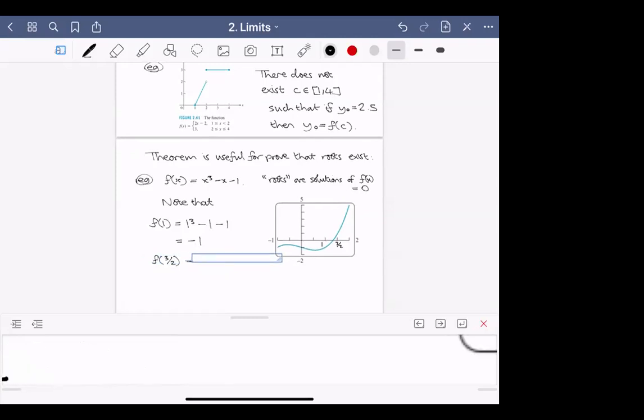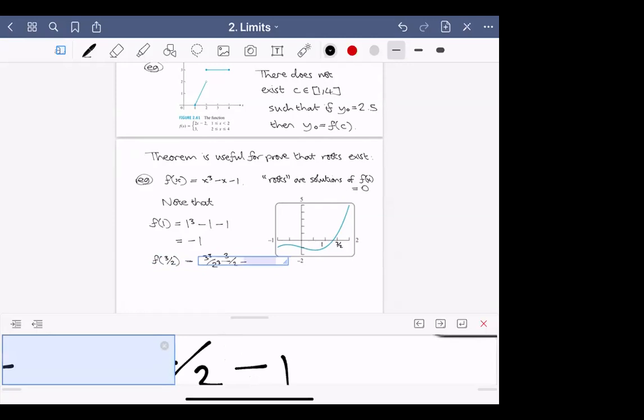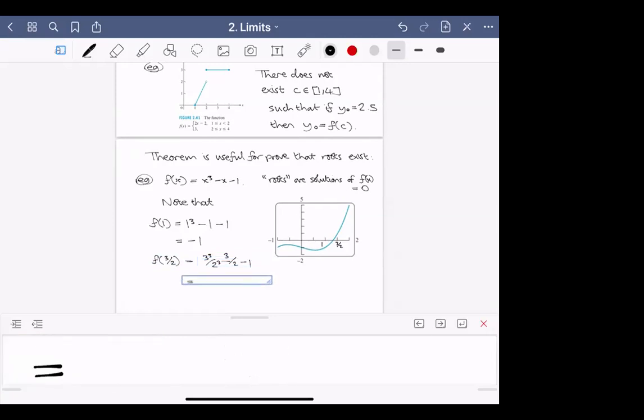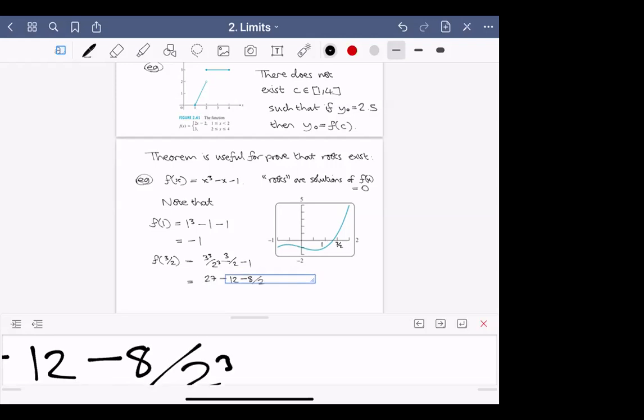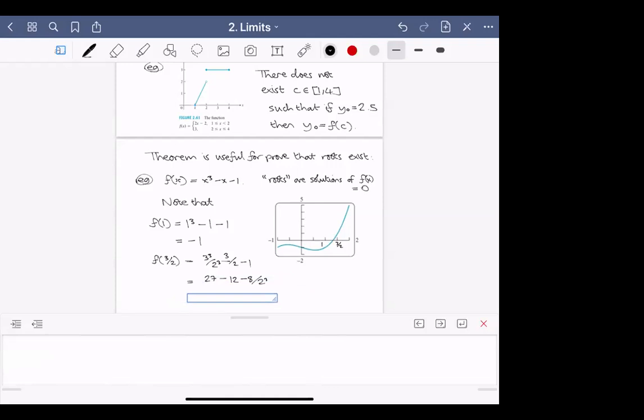And f(3/2) is 3 cubed over 2 cubed minus 3 over 2 minus 1. And let's put that in one fraction. We get 27 over 8 minus 12 over 8 minus 8 over 8. And that gives us 7 over 8.